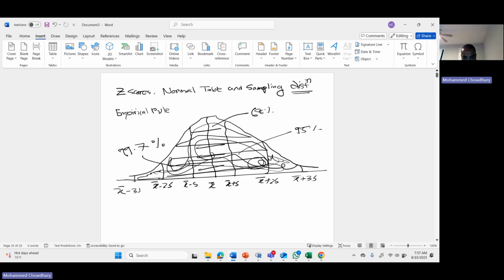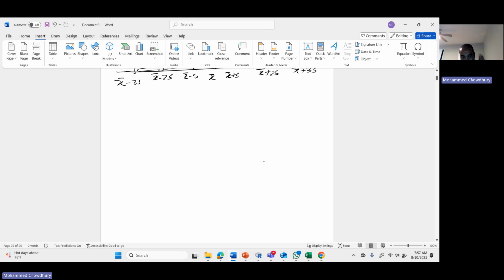Now, these are in the X scale. So data is given in the X format.